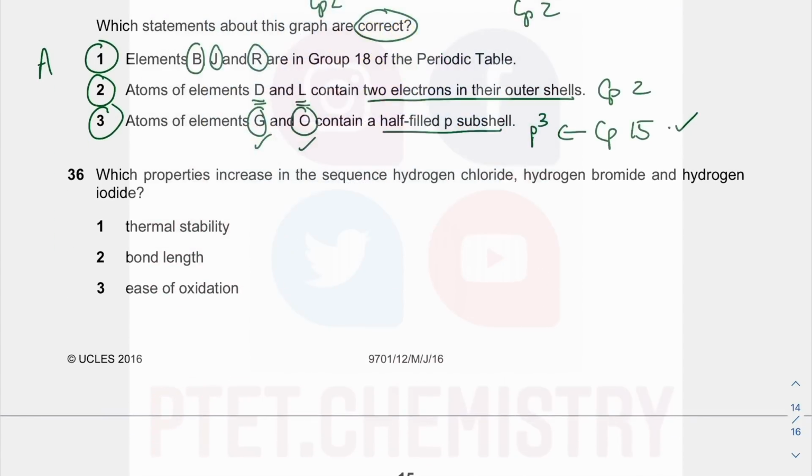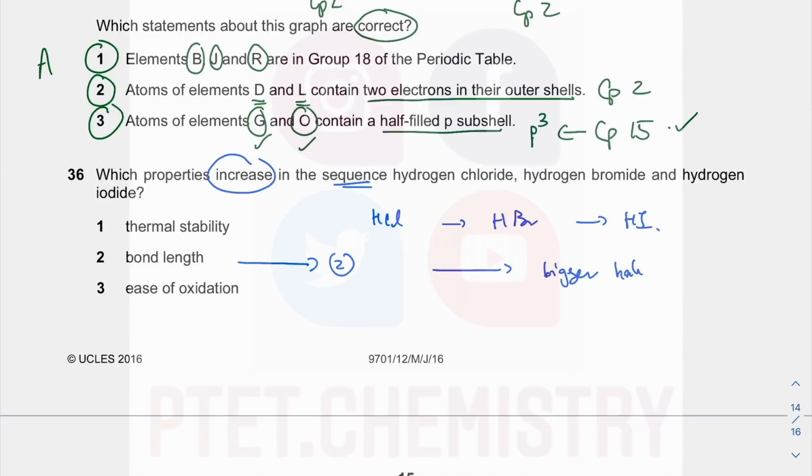Which properties increase in that sequence? HCl going to HBr going to HI. When you compare bond length, well, if I have number 2, bigger halogen atom, therefore longer bond.